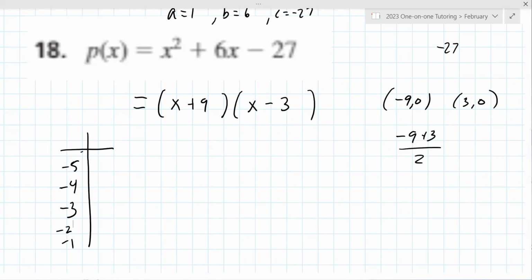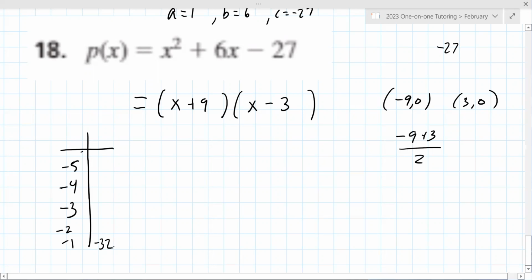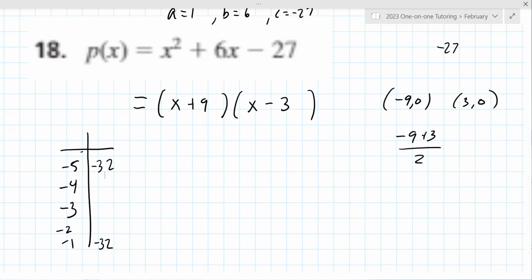So then 8 times -4 is -32. Let me just check that. That sounds right. It does look right. Yeah, -32. And then for -2, it'd be 7 times -5 is -35.